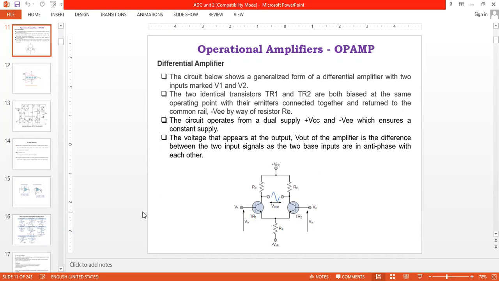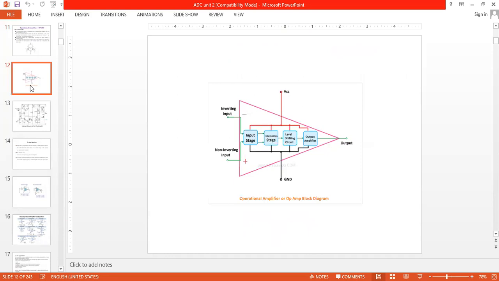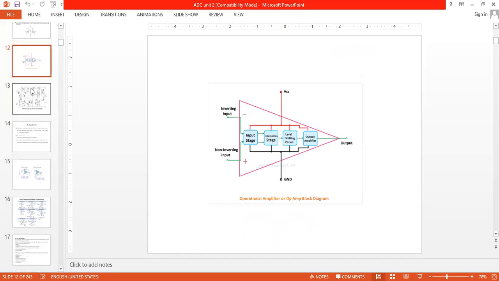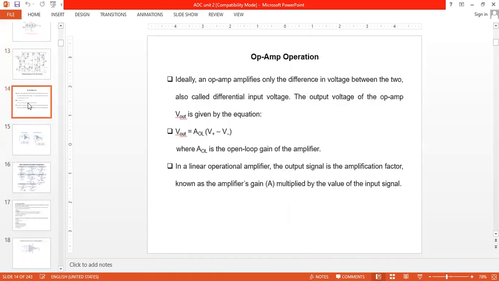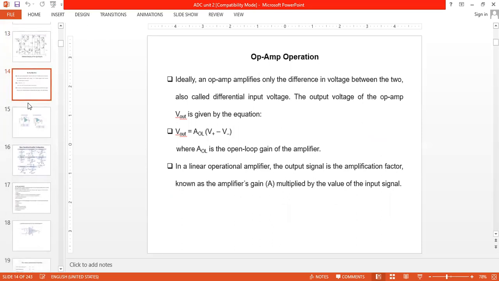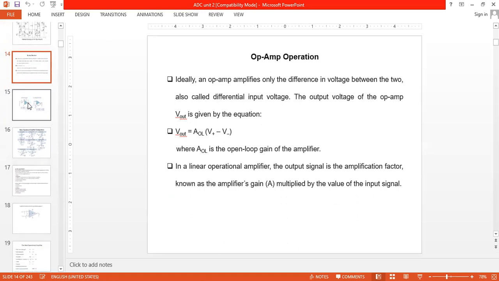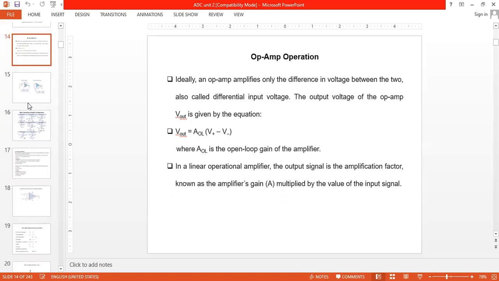That difference value will be amplified using the operational amplifier. This is the complete internal circuit diagram of IC741. Ideally, the op-amp amplifies only the difference in voltage between the two inputs, also called the difference input, that is Vout is equal to A, the open loop gain, times (V1 minus V2).